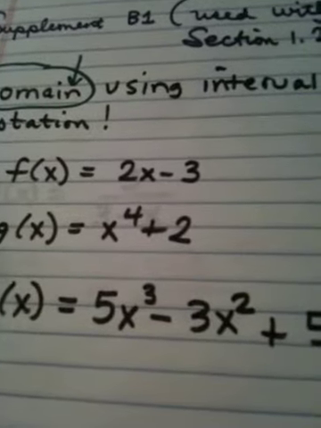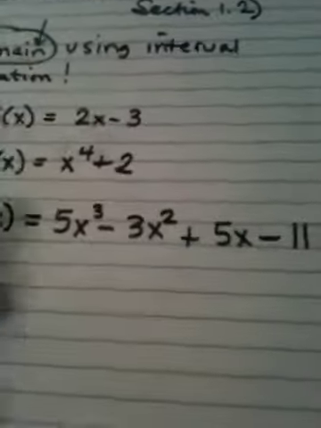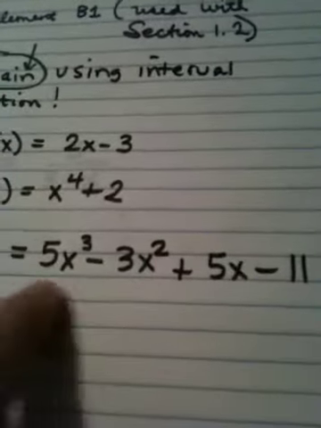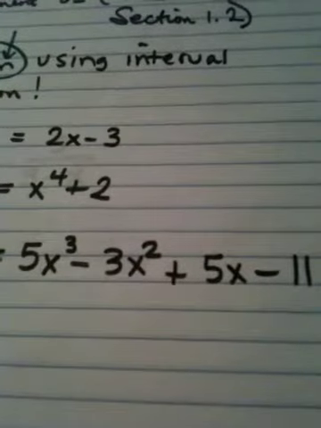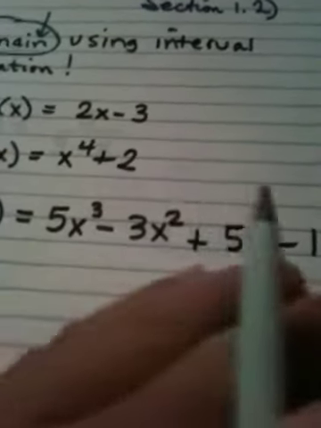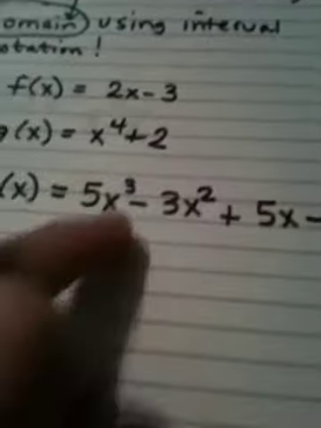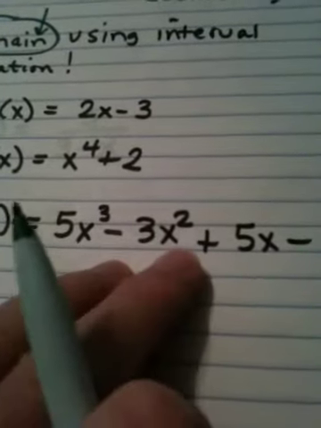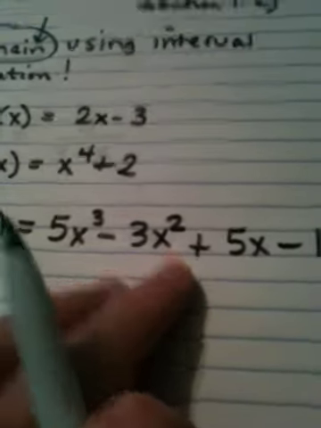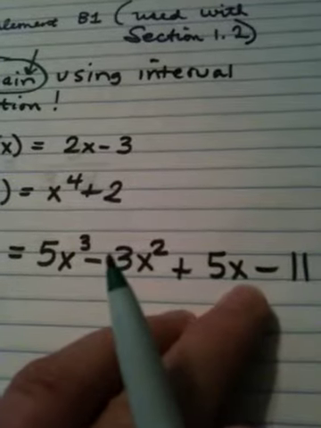And I think you're kind of catching the drift here, that anytime you realize you have a polynomial function, okay, a polynomial function is very clean. There's no radicals in it, there's no variables in a denominator, it's simply a polynomial. What real number can you raise to the third power? Any. What real number can you square? Any. What real number can I multiply by 5?